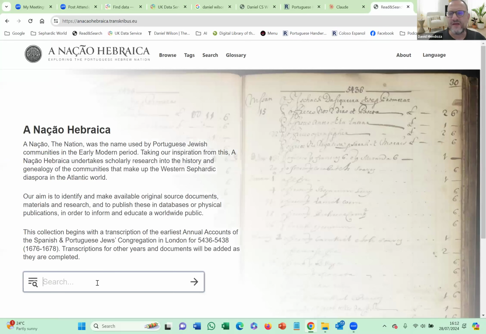So let's think. Gina, do you have any early families? Well, how early? Sort of 1680 or earlier. Shall I give you an Abendana? Maybe the Vaz Martinez.